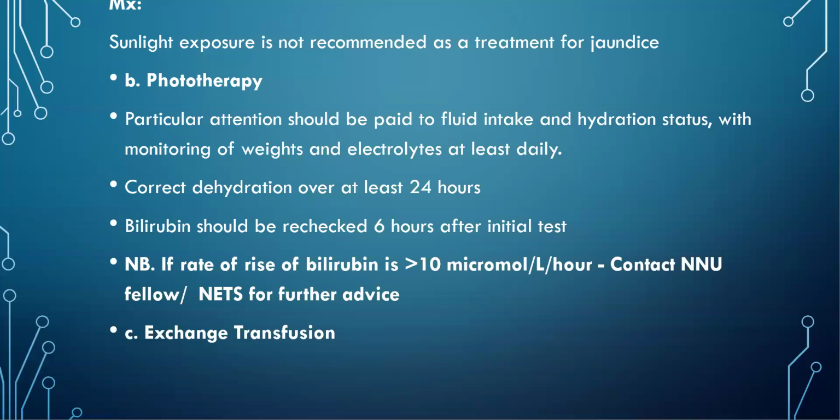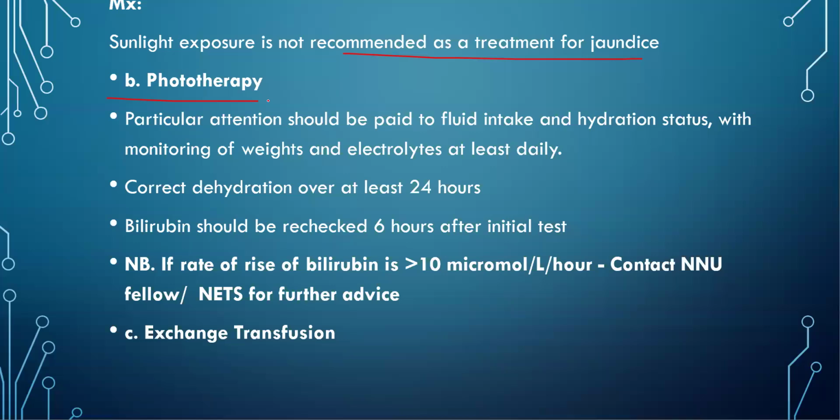Sunlight exposure is not a treatment of jaundice in a child. A lot of parents just keep the child in sunlight and the child gets a very bad burn. So sunlight exposure is not a recommended treatment. Remember that. The main treatment is many times phototherapy. If the bilirubin is getting really high, then we can go for phototherapy.